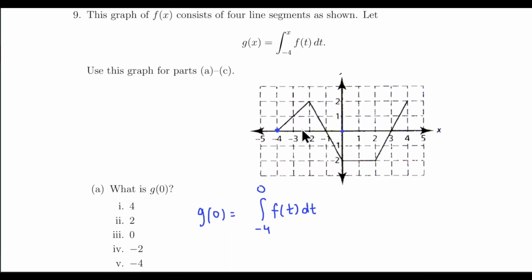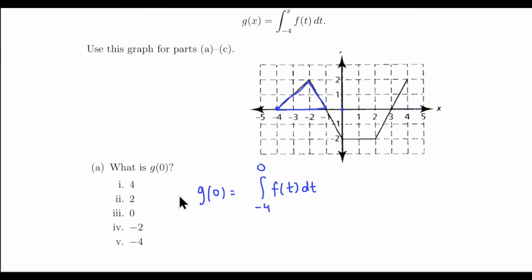I think these are just two triangles the way I see it. What is the area of this triangle? It is going to be half, base is 3 units and the height is 2 units. And be careful, the other area will be minus because it is below the x-axis.